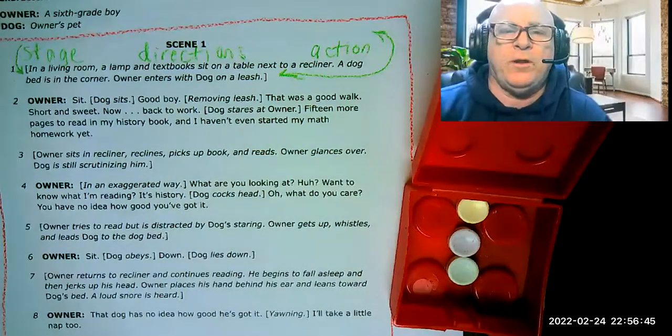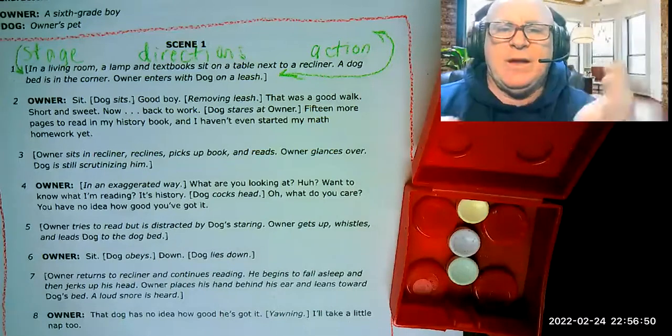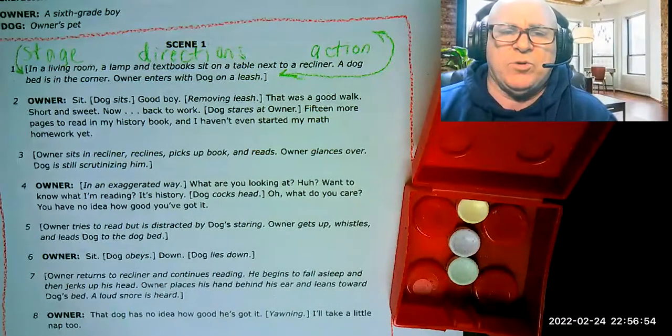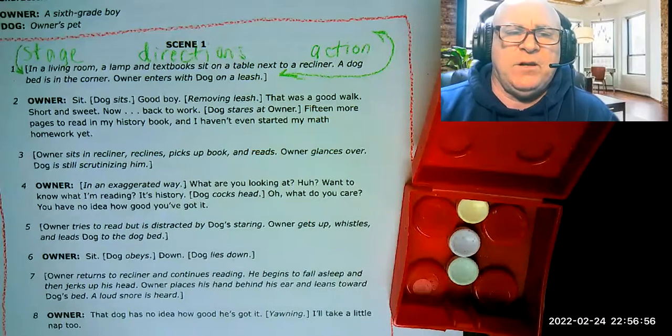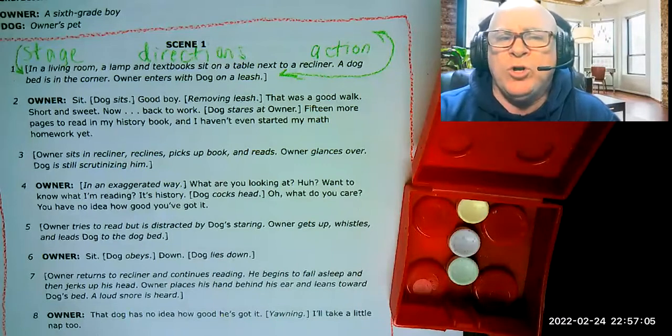Action. Good boy. Stage directions: from the leash. Action. That was a good walk, short and sweet. Now back to work. 15 more pages to read in my history book, and I haven't even started my math homework yet. Okay. Good work, good boy.